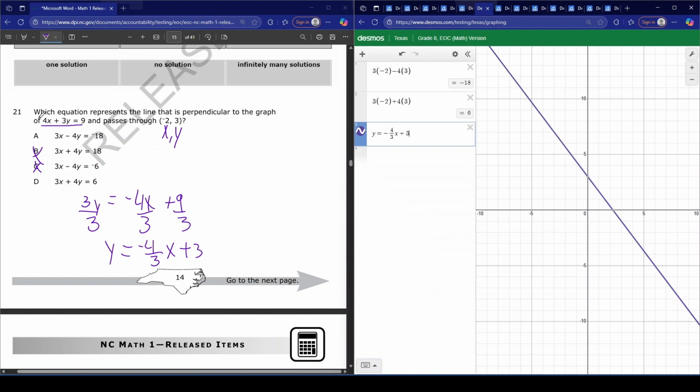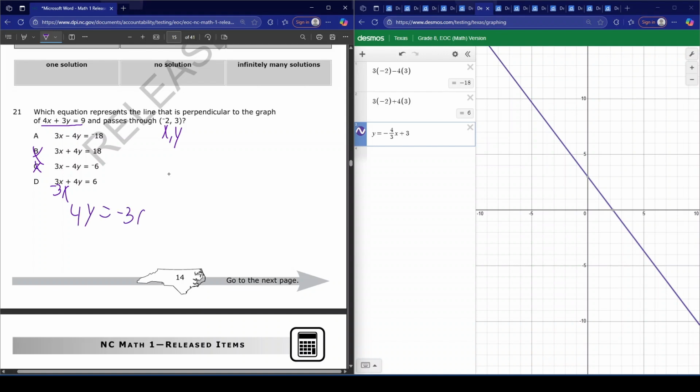So we can turn these two answer choices into y equals as well to see if they are perpendicular. Let me write it over here since I have it over at Desmos. Let's do D. Let's subtract negative 3x, so that leaves us with 4y equals negative 3x plus 6. Divide everything by 4.